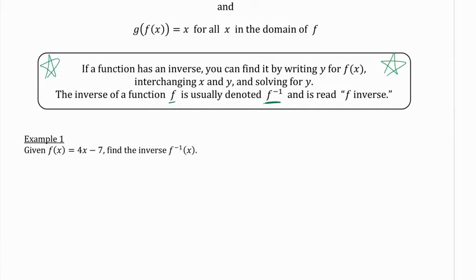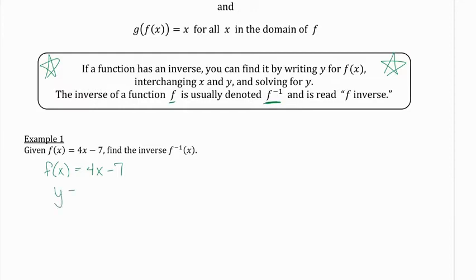Okay, so to find an inverse, like we just said in the little box, if I'm given the function f of x equals 4x minus 7, I want to find the inverse function. So we take our f of x equals 4x minus 7, and I'm going to replace the f of x with a y. Remember, f of x is just another way to say y.